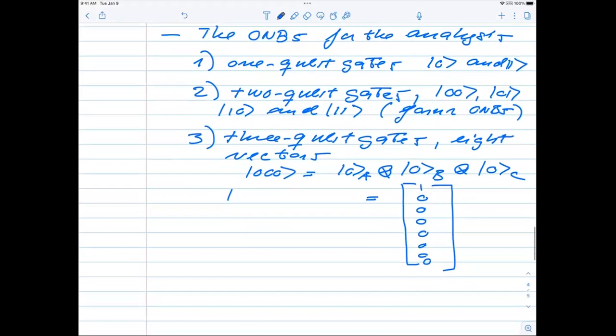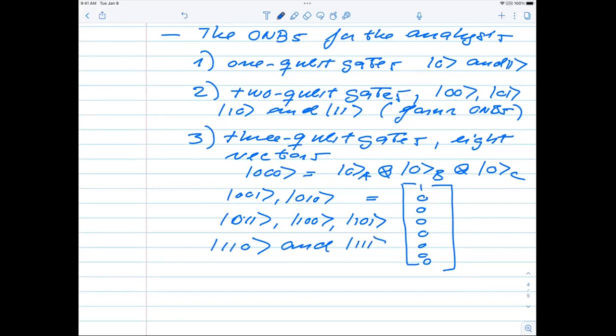And it's easy to see that all the other states would be 0,0,1; 0,1,0; 0,1,1; and then we get 1,0,0; 1,0,1; 1,1,0; and the final one, which is 1,1,1. And it's pretty easy to set them up. So these are the typical states and gates which we are going to look at now.